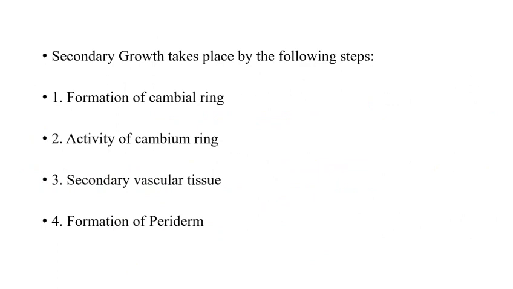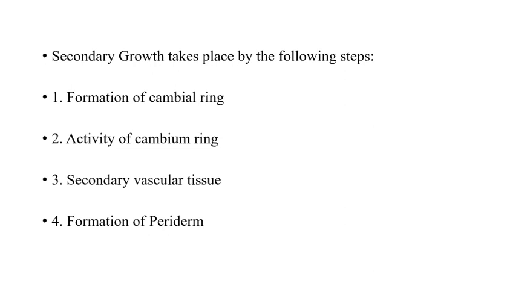The secondary growth takes place by the following steps. One is formation of cambial ring. Second, activity of cambial ring, how they divide, how they act. Then secondary vascular tissue formation, and formation of periderm. So this is the four-step process of secondary growth in dicot stem.